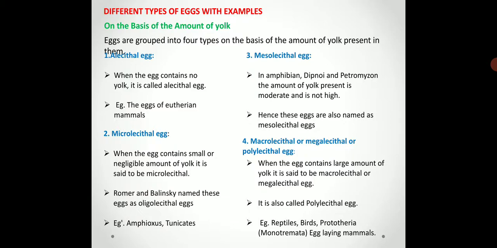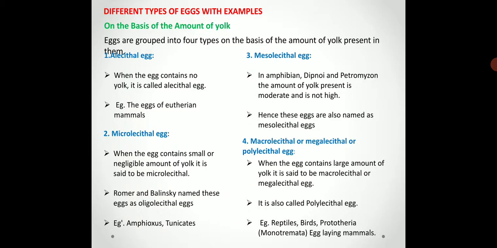You already know that yolk is a nutritive material found in an animal's egg. On the basis of the presence or absence of the yolk, the animal's egg has been classified into different types.